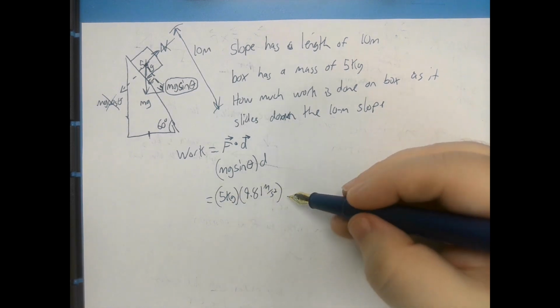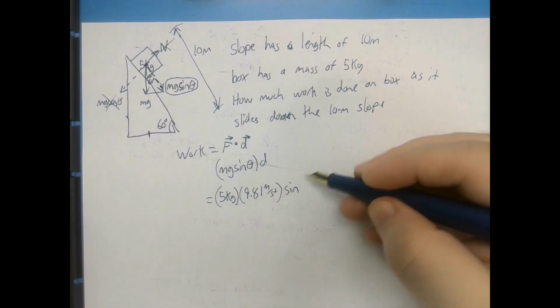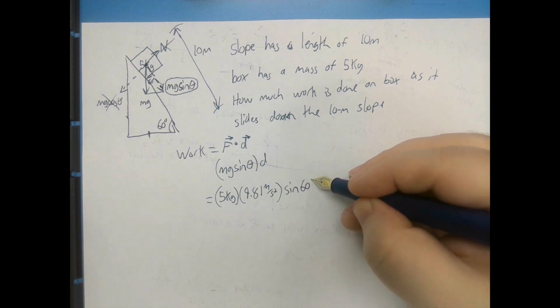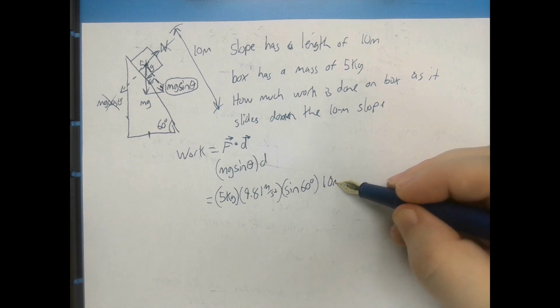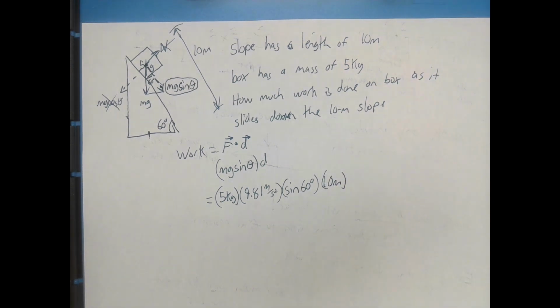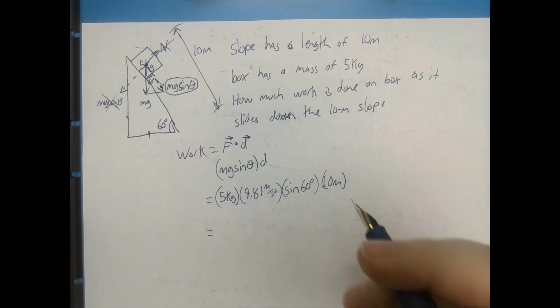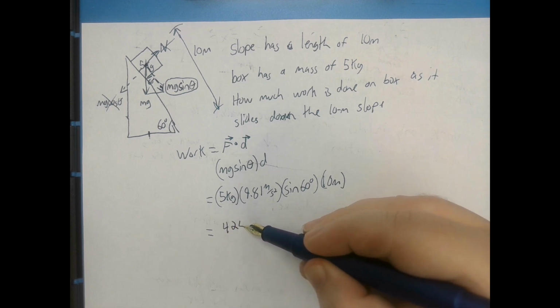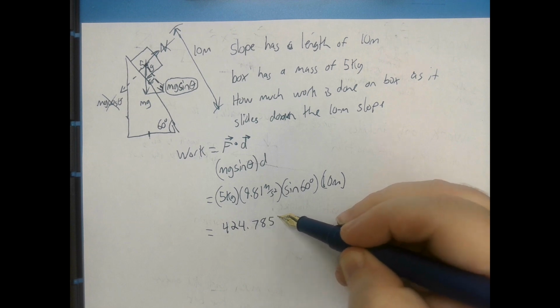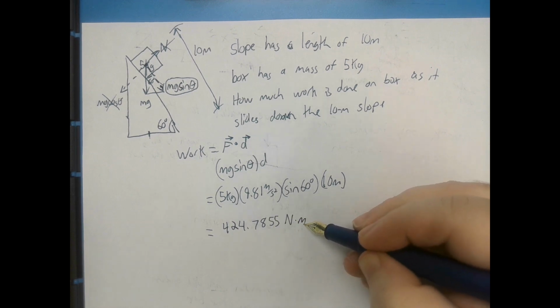That's the Newton. Times sine of 60 degrees. And the displacement is 10 meters. Which gives a total work of 424.7855 Newton meters.